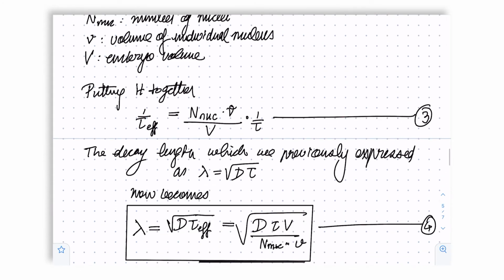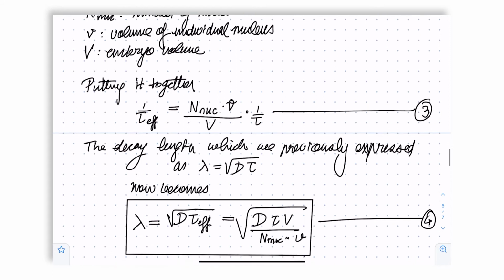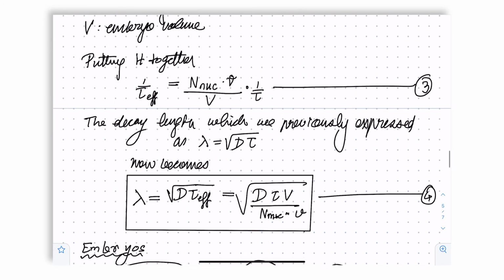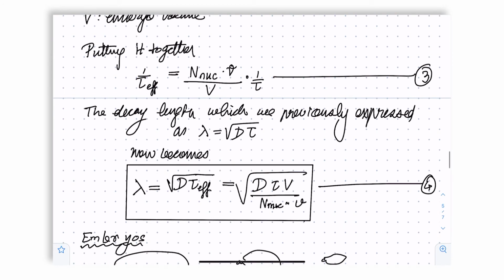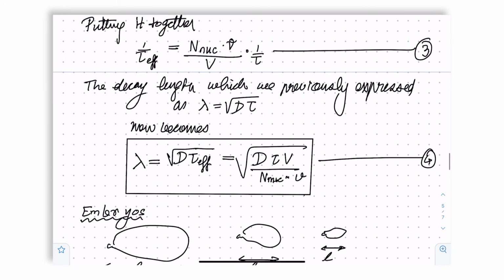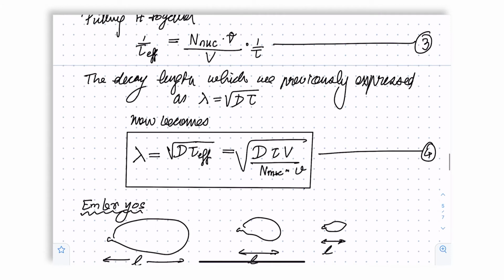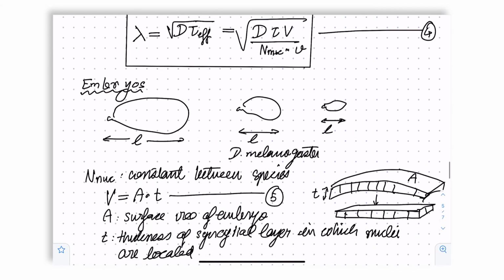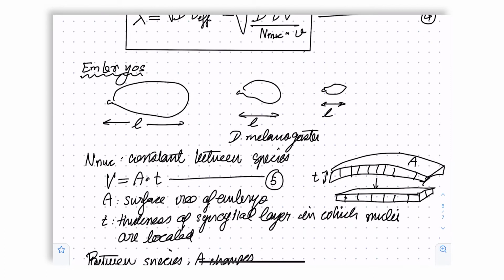The decay length, which we previously expressed as lambda equal to the square root of D tau, then becomes the square root of D tau effective, which when we replace the value of tau effective gives us this expression: the square root of D tau V upon N nucleus times the volume of the nucleus. These embryos, as we can see, are of different lengths.